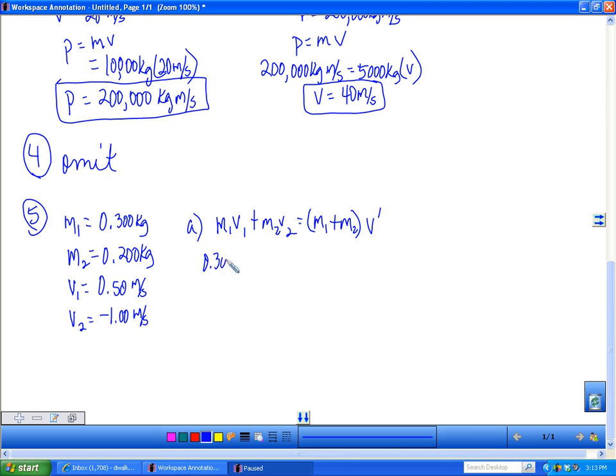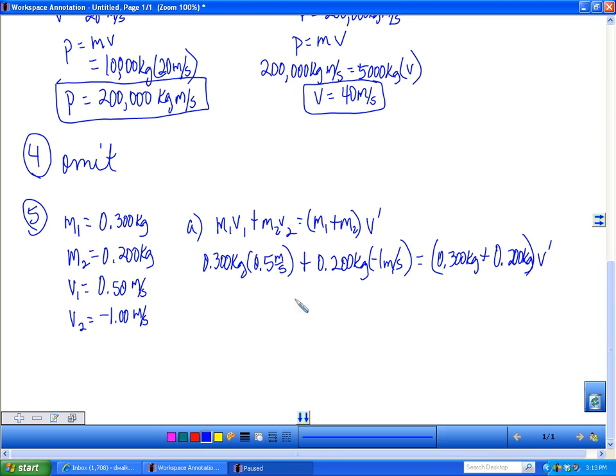So I have 0.300 kilograms at 0.5 meters per second plus 0.200 kilograms at negative 1 meter per second has to equal 0.300 added to 0.200 times V prime. So this gives me half of that is 0.150.